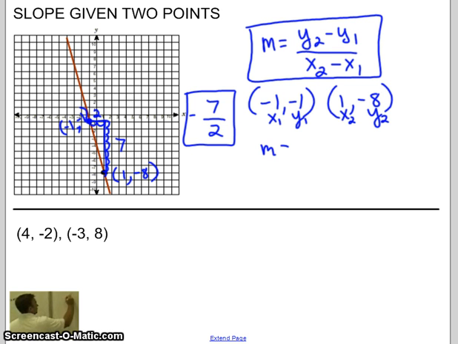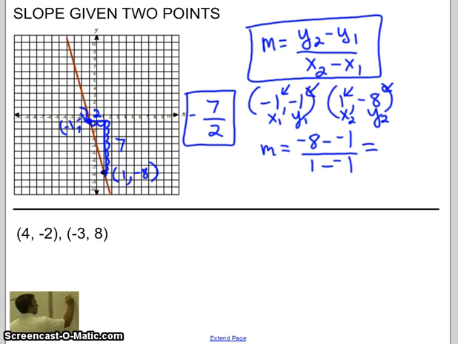So we have m equals y2 minus y1. y2 is negative 8 minus negative 1 over x2, which is 1, minus x1, which is negative 1. Let's simplify that.